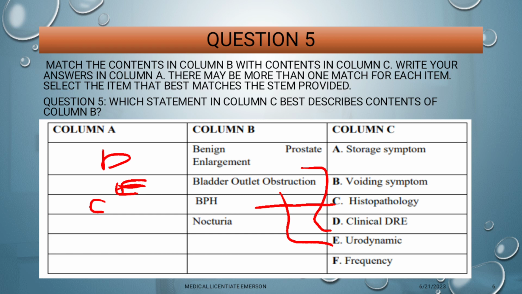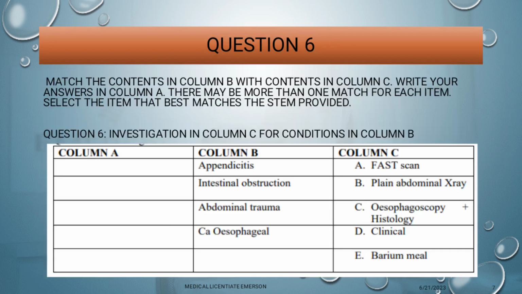These are the signs of voiding. I think most people would go for voiding symptom for nocturia, but I would go for frequency. I put F there because voiding symptoms are the ones I was mentioning, and there is no nocturia there, but that's under frequency. Okay, so we are done.